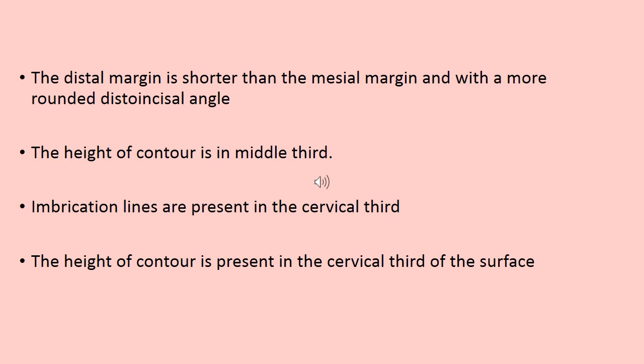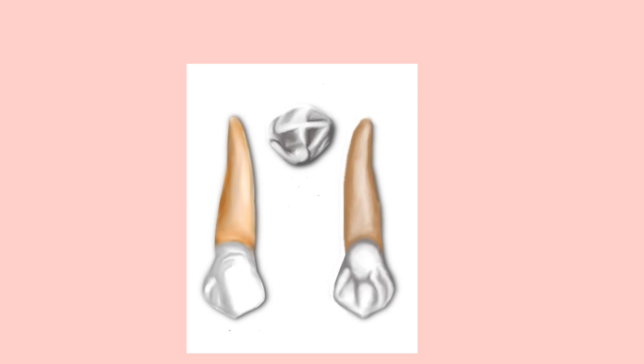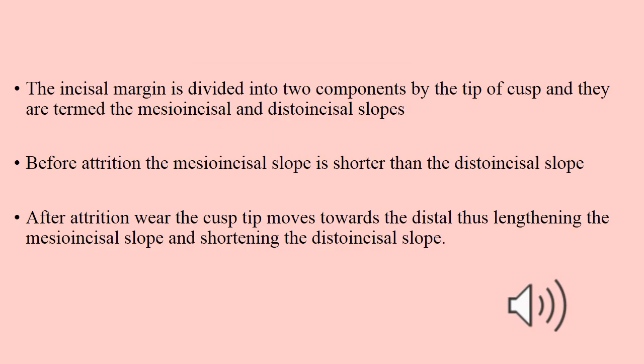Imbrication lines are present in the cervical third. The height of contour of the labial aspect is present in the cervical third of the surface. The incisal margin is divided into two components by the tip of the cusp, and they are termed the mesioincisal and distoincisal slopes.